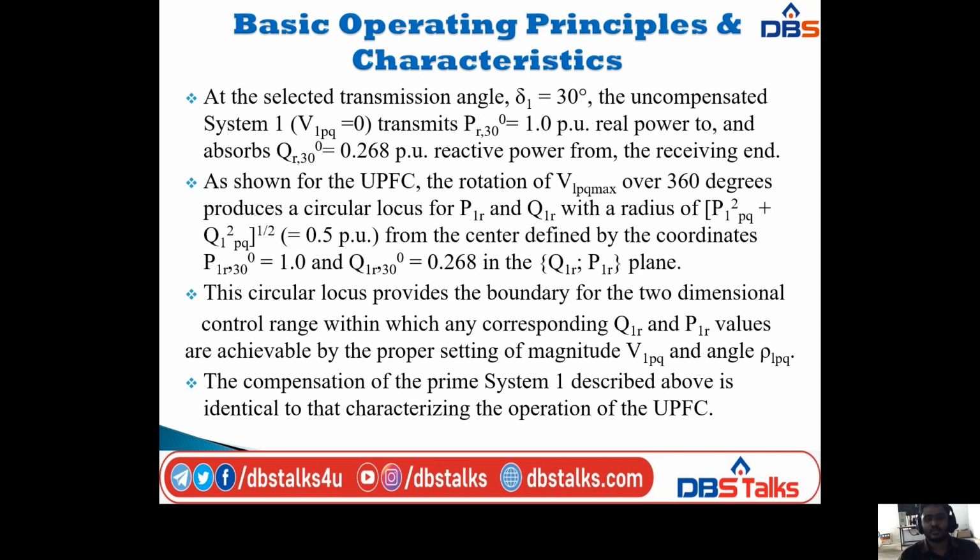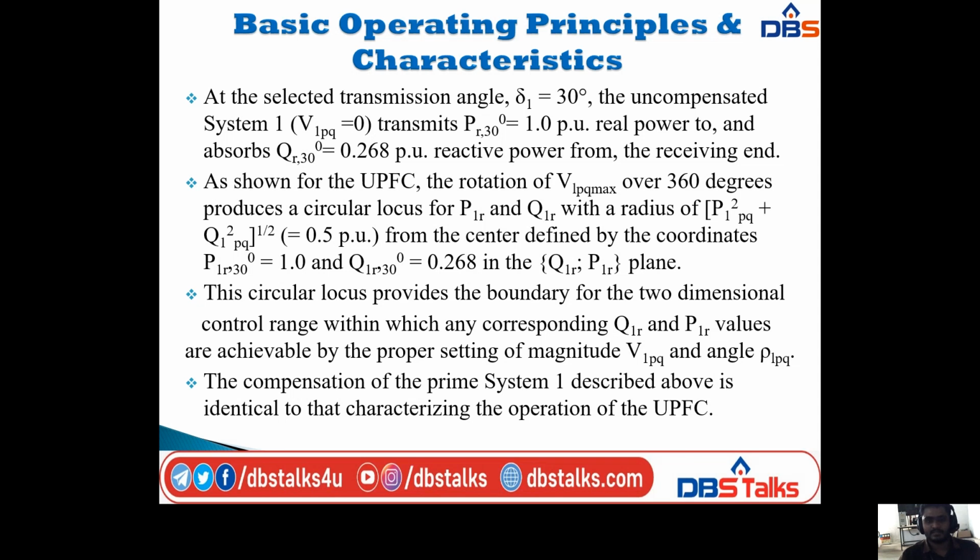So as shown for the UPFC, the rotation of V1PQ maximum over 360 degrees produces a circular locus for P1R and Q1R with a radius of (P1PQ squared plus Q1PQ squared) to the power 1/2, that is equal to 0.5 per unit, from the center defined by the coordinates P1R at 30 degrees equal to 1 and Q1R at 30 degrees equal to 0.268 in the P1R-Q1R plane.